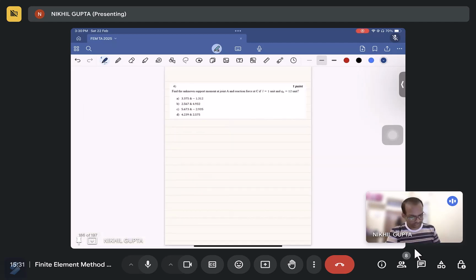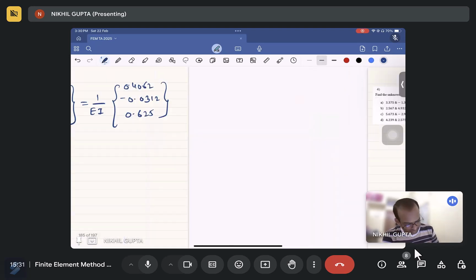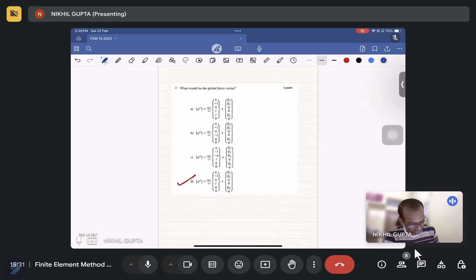So let's go to another question. This is question number 4. Now what we have to do is find the unknown support reactions, meaning the moment at joint A and the reaction at C, with L equal to 1 and Q naught as 12 points. While solving this problem, we can directly say what the reactions will be. We can use this equation.